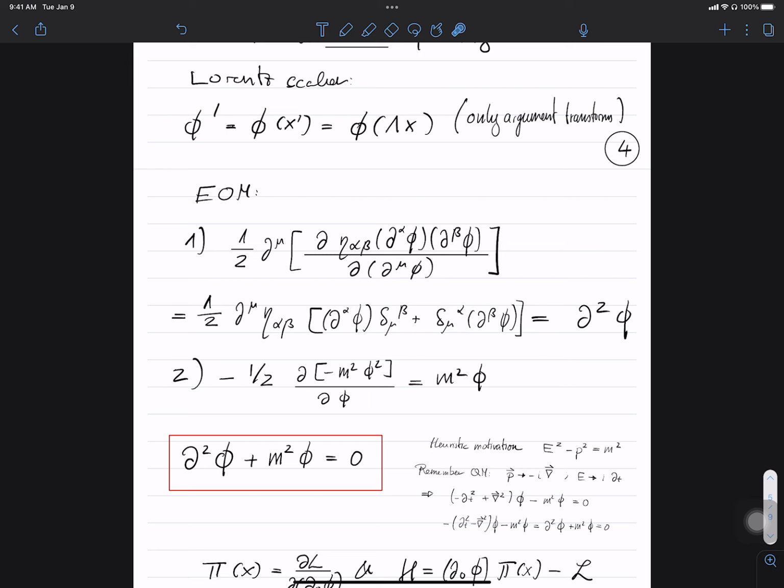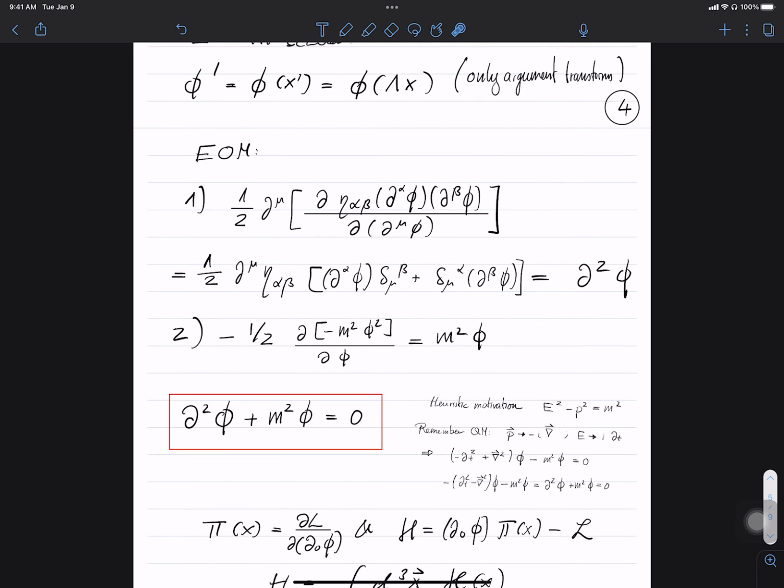So we here explicitly write d mu alpha d alpha phi d beta phi, the contraction with the Minkowski metric with alpha and beta, and we take the derivative of this with respect to d mu phi, and that term has to be also contracted here with the outer derivative. But let's first focus on this term.